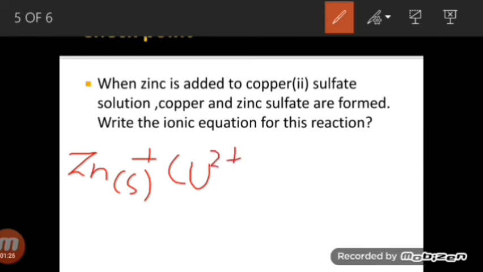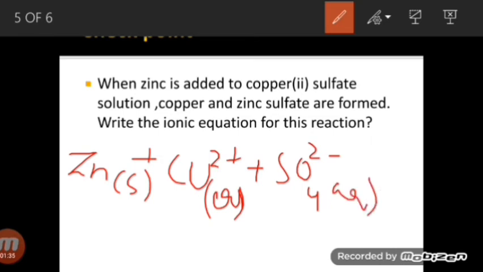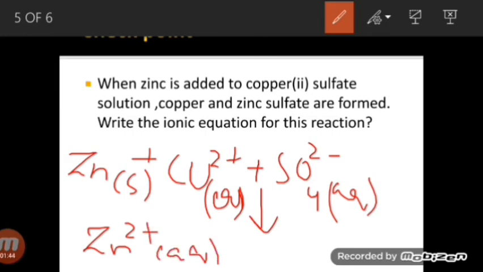Copper with the +2 state in the aqueous state, and next one is sulfate, which will also be in the aqueous state, and as a result we will get zinc in +2 state, and this is again in the aqueous state, and we are having sulfate plus copper as a solid.